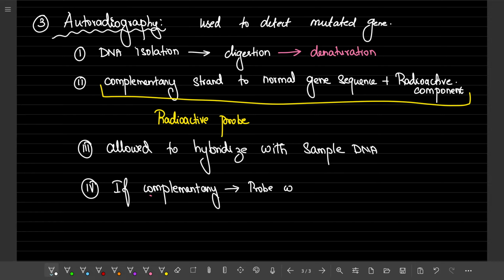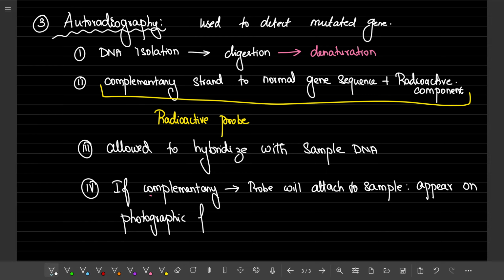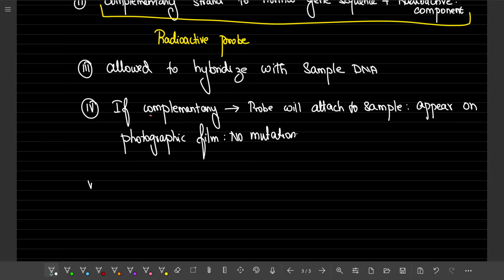Now, if it is complementary, the probe will attach, and it will appear on the photographic film, the X-ray film, which indicates no mutation.